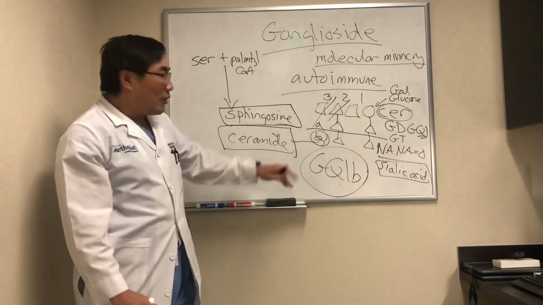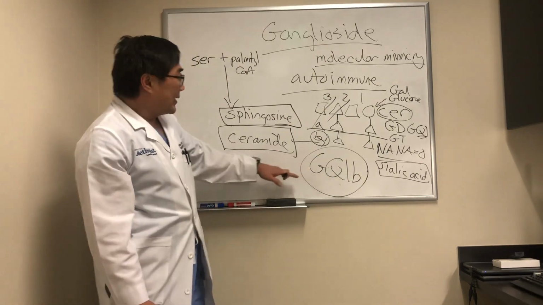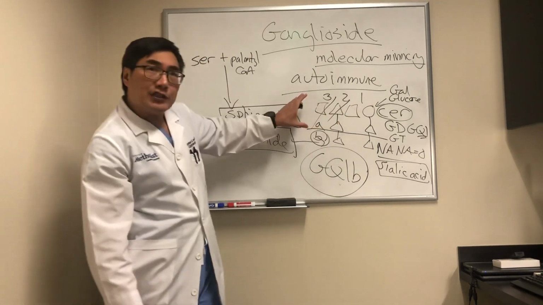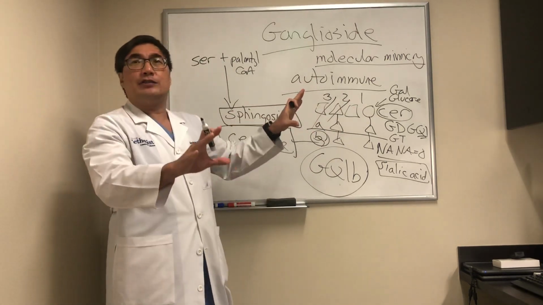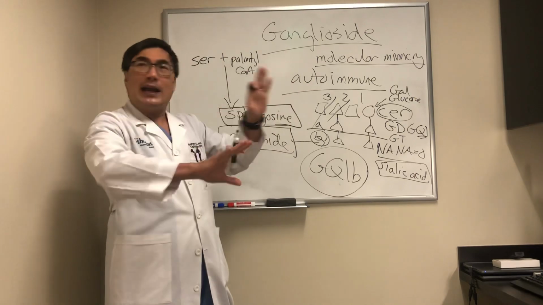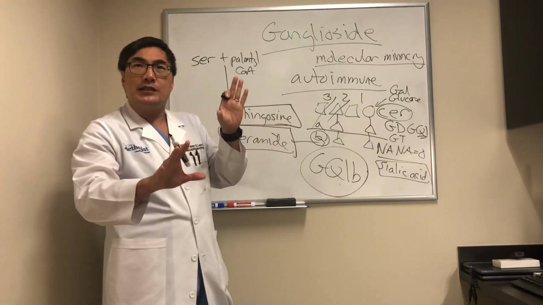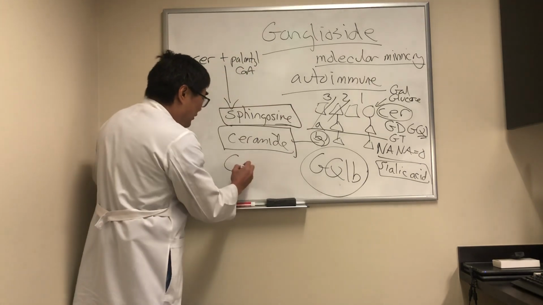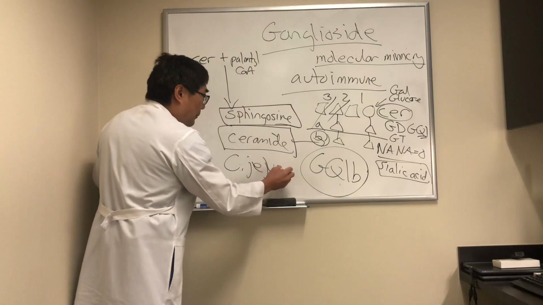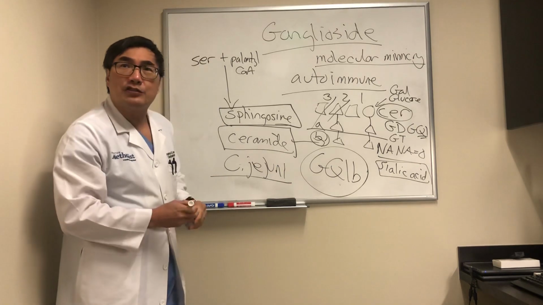And the reason you need to know about GQ1B is this same configuration is highly conserved, and so bacteria use the same configuration by accident in their glycoprotein coats, in their lipopolysaccharide coat. And the one that causes the cross reaction, the molecular mimicry, is Campylobacter jejuni.